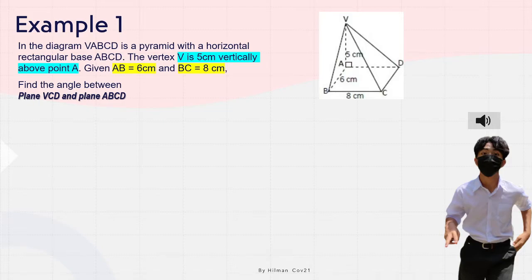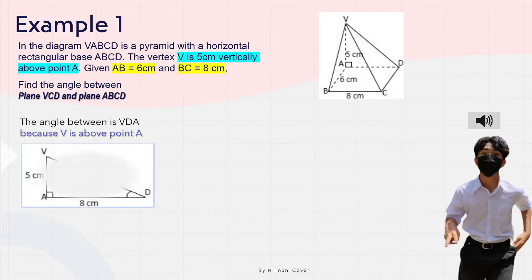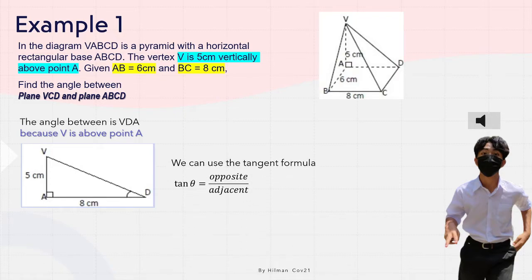If we look closely and understand the diagram, the angle between is VDA because V is above point A. How to calculate the angle VDA? We can use the tangent formula, opposite over adjacent. So we will take the information from the diagram and place it into the formula.